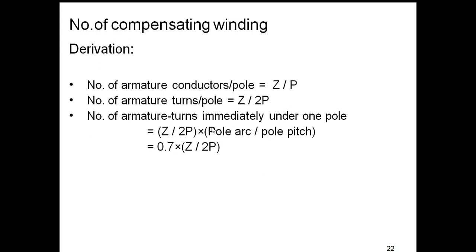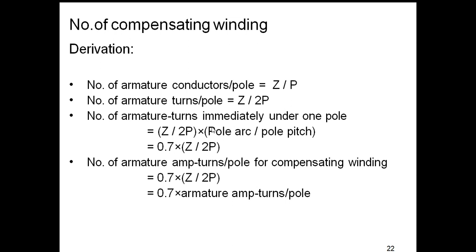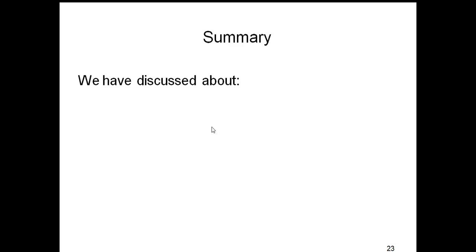You will be studying pole pitch and pole arc in the next classes. Just remember this one. So the formula will be 0.7 into Z by 2P. And the number of armature ampere turns per pole for compensating winding is equal to 0.7 into Z by 2P, which is equal to 0.7 into armature ampere turns per pole.